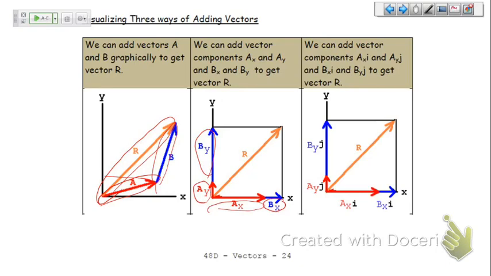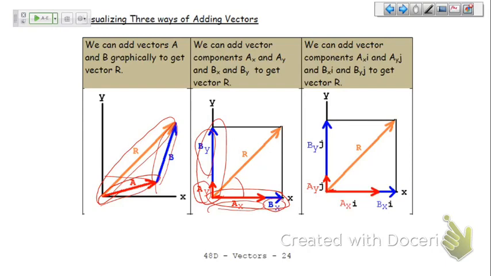We could add those arithmetically, which we're really good at because we've done it for like 15 years, and then we get the x component for my answer and my y component for my answer. If need be, I can find the angle using tan to the minus 1, and I can find my overall length using Pythagoras.